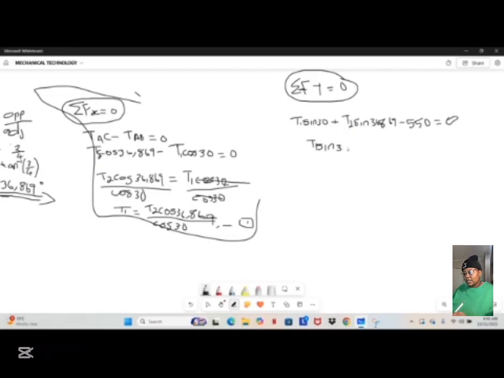Let's just put it in and then we see where it leads us. T1 has said that it's equal to T2.